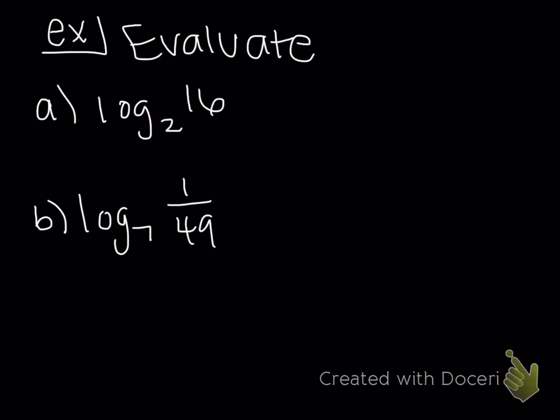So notice it says evaluate. When we do these, I think it's easiest to set these equal to x to figure out what they are equal to. So to put this in exponential form, I would say 2 to the x equals 16.